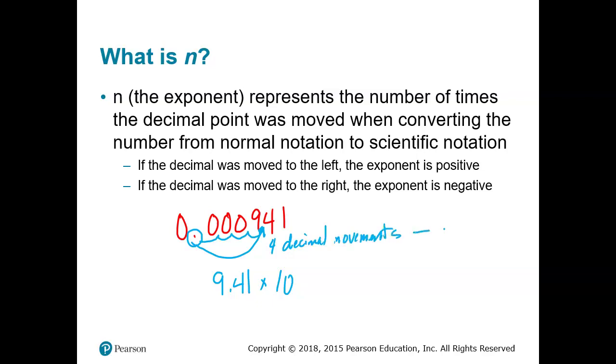And those decimal movements were to the right, which means I'm going to have a negative exponent. So that's -4. Negative because I had to move it to the right, 4 because I had to move it 4 places over.